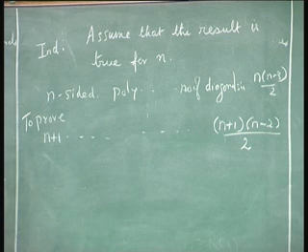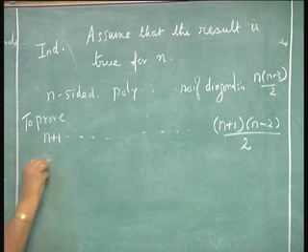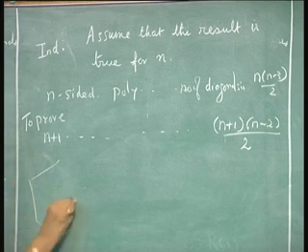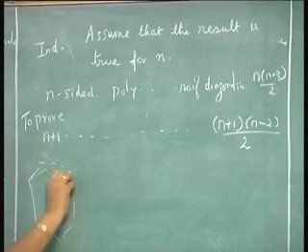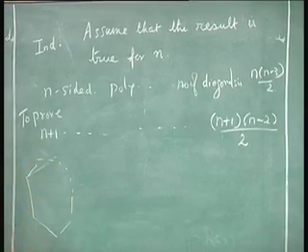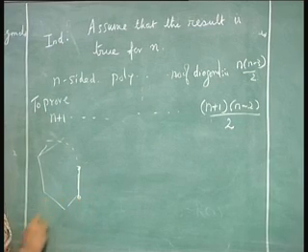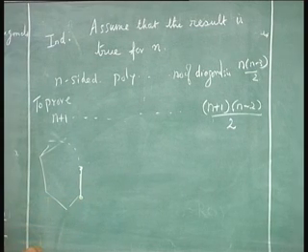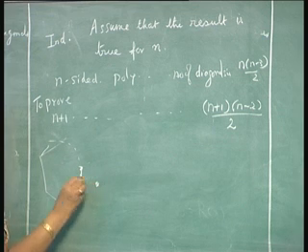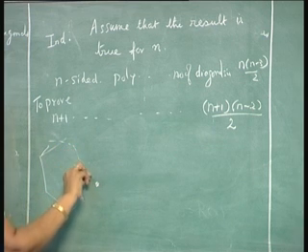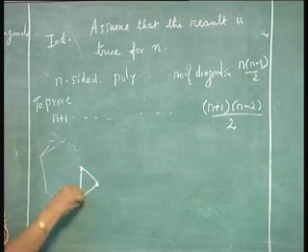Let us see whether we get it. So, consider an n-sided polygon. From this, I want to consider an n plus 1 sided polygon. I have to add one more vertex and this side and this side.